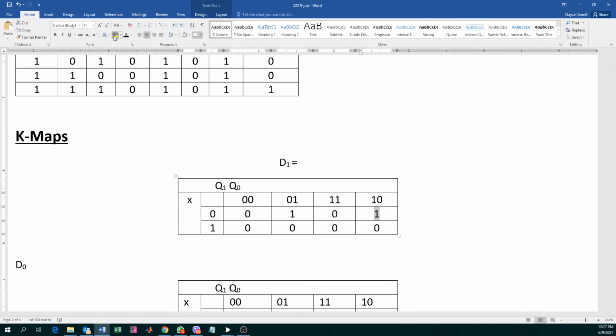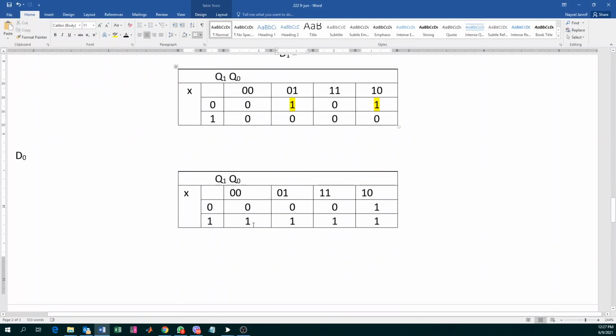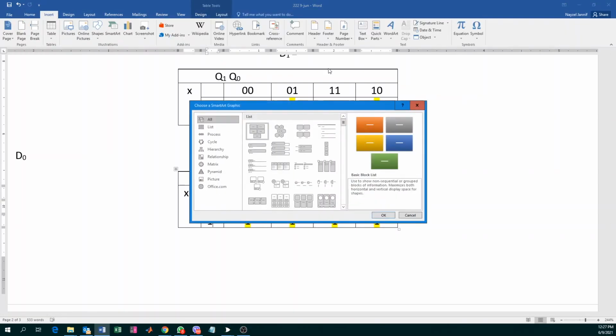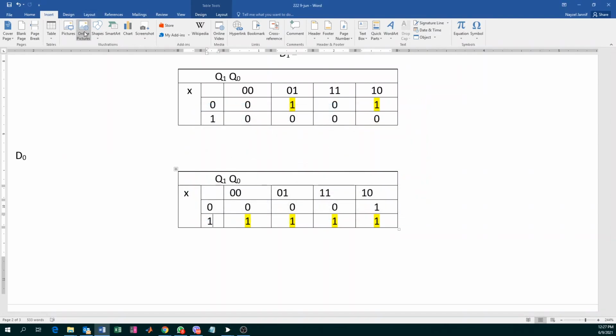So we would have a loop here and a single loop here, right? This here would be a long loop. I was able to do the loop last time. I don't know why I'm not able to do the loop this time.